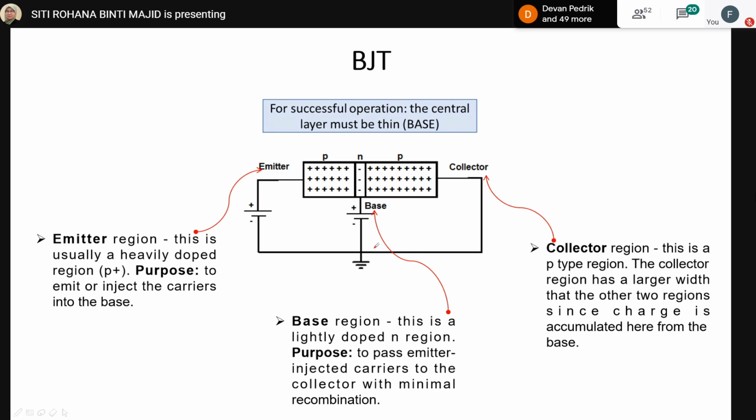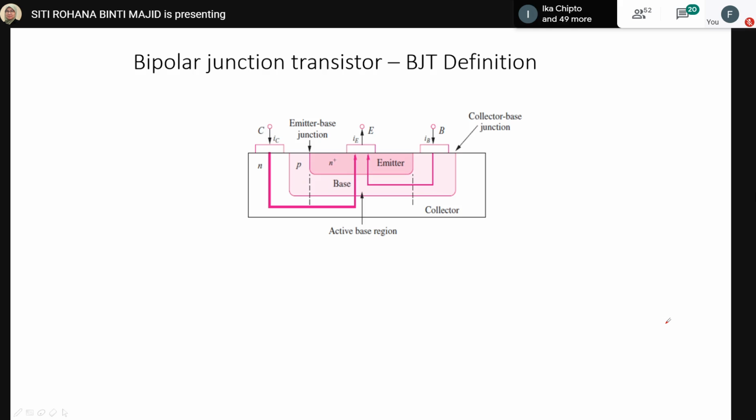Why? Because it wants to accumulate a lot of charge carriers. As I mentioned, the collector already has its own population, and once the base allows another population of carriers to enter the second P, that is why we need to use a thicker second P as the collector.